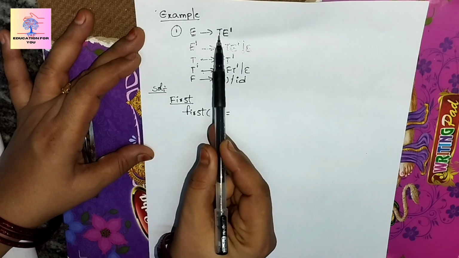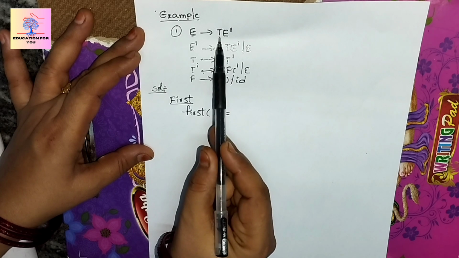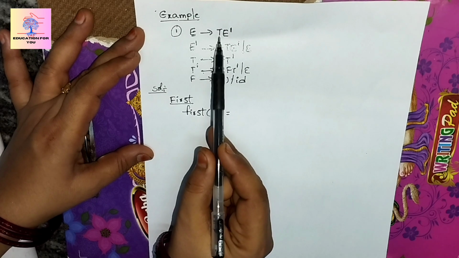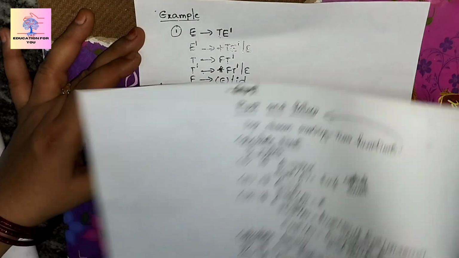T. Is T terminal or non-terminal? It is a non-terminal. If the first symbol is a non-terminal, then you have to calculate the first of T also. That is the rule I said here.